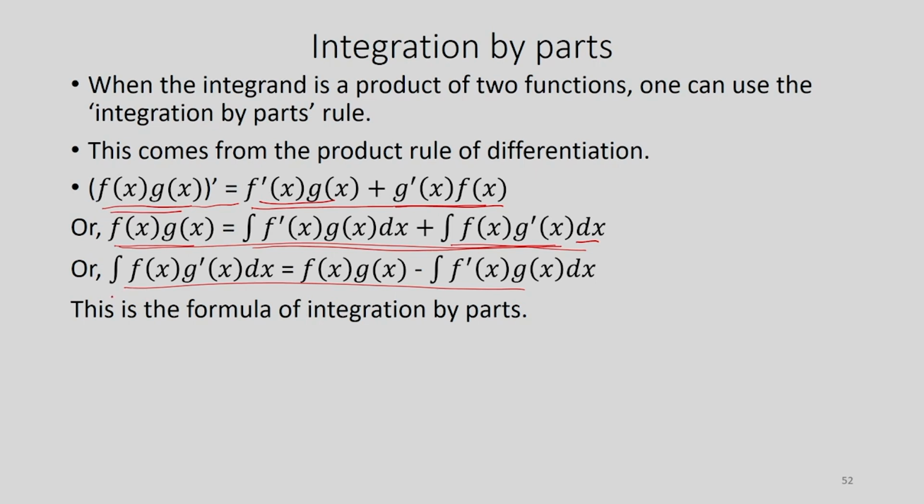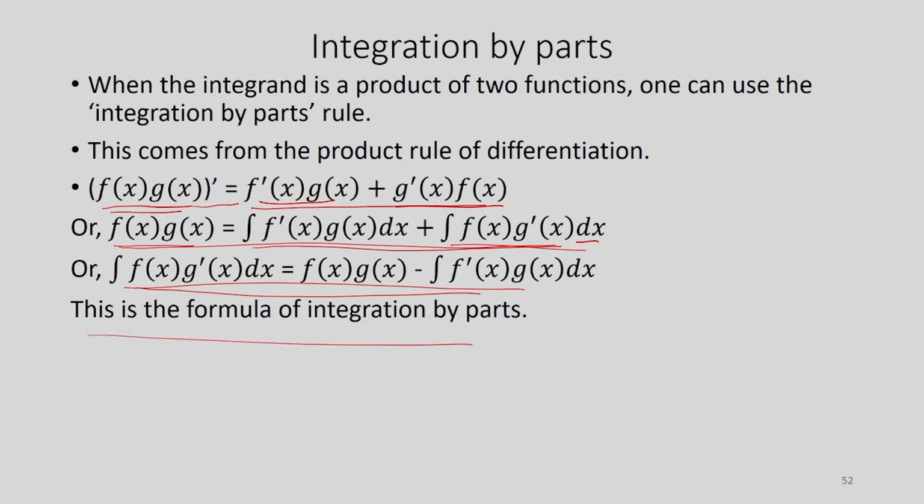So, I will get this expression, integration of f(x) g prime x is equal to f(x) g(x) minus integration of f prime x g(x) dx. Now, this is the formula of integration by parts.